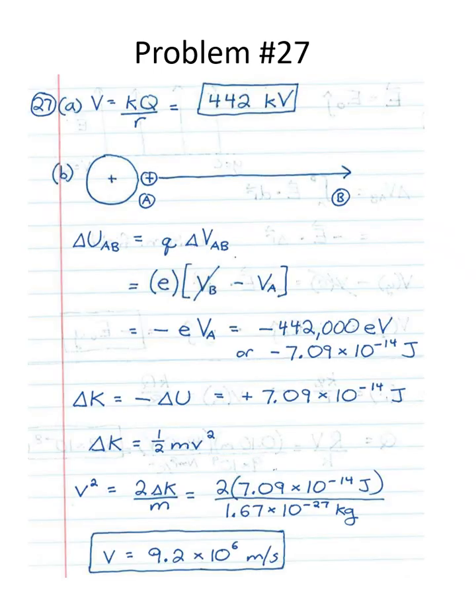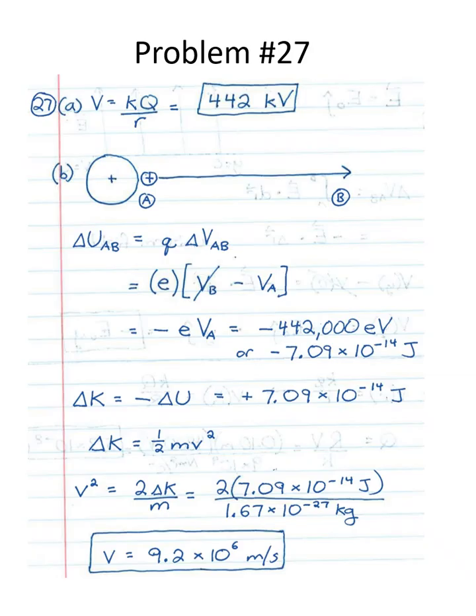Number 27. A 3.5 centimeter diameter isolated metal sphere carries 0.86 microcoulombs. Find the potential at the sphere's surface. And if a proton were released from rest at the surface, what would be its speed far from the sphere?